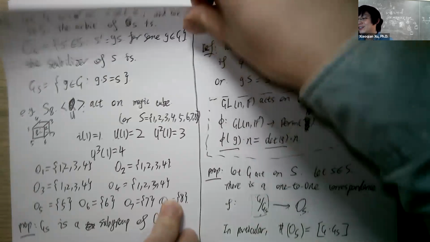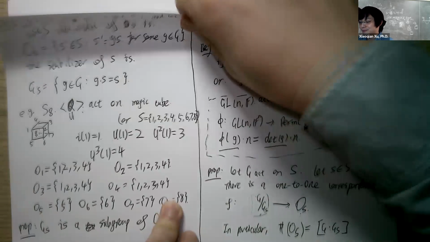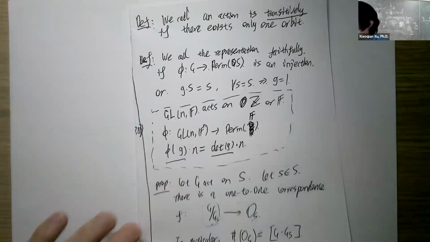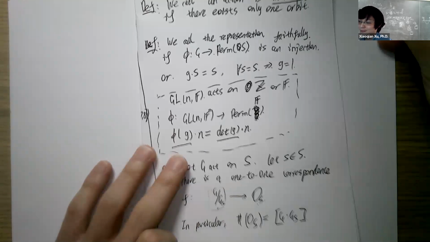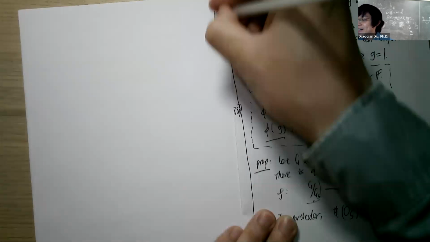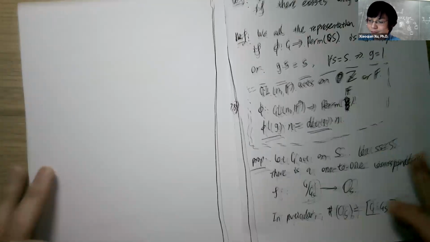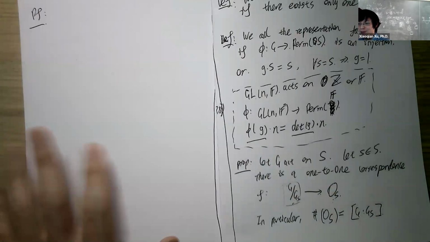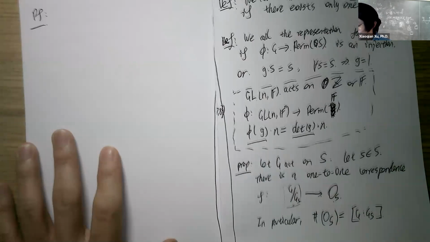Let's see why this is true. How can you connect the coset and the orbit?